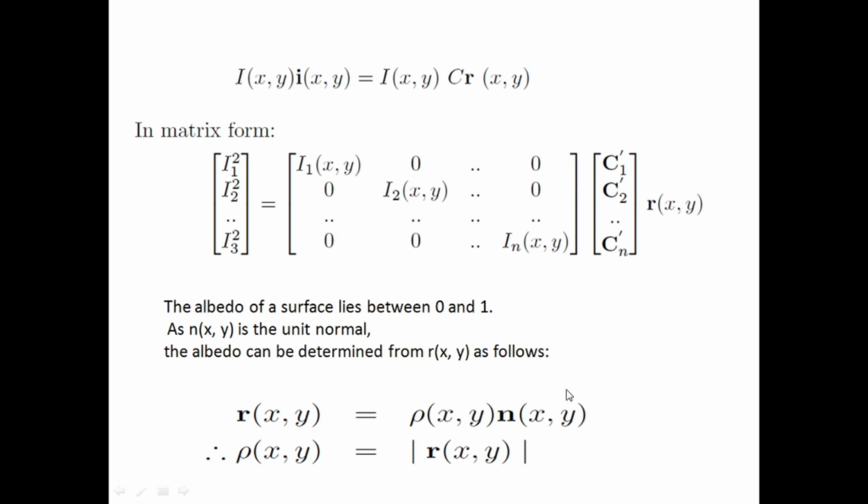If it is a unit normal, r of x comma y equals rho of x comma y into n of x comma y. Now can I write rho of x comma y equal to r of x comma y? Definitely, yes. Now the albedo can be determined from r of x comma y only.